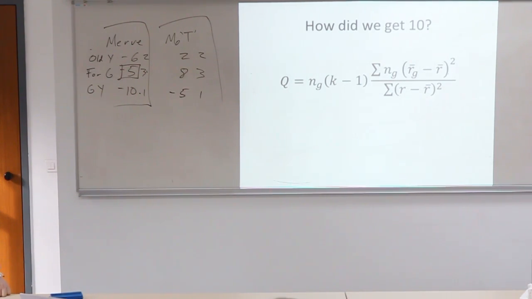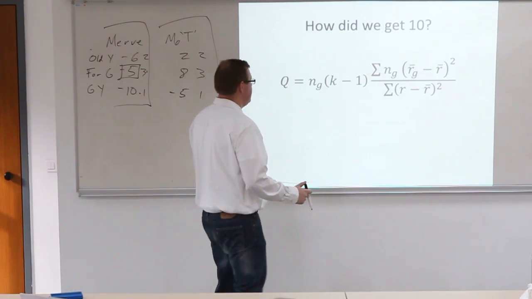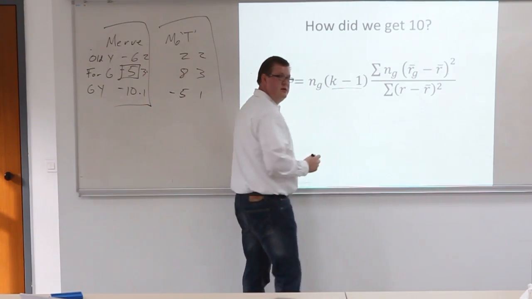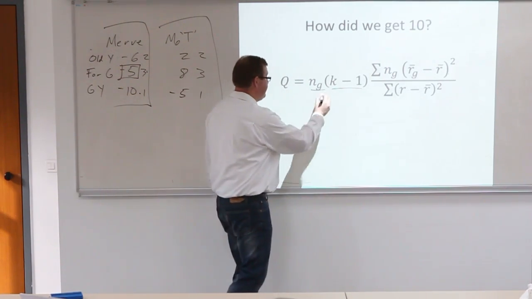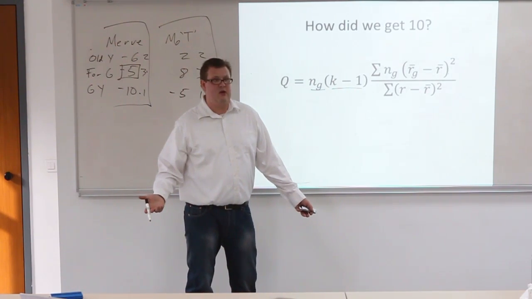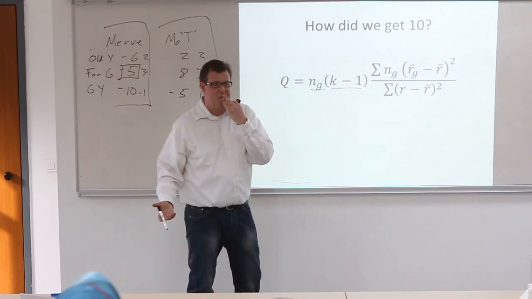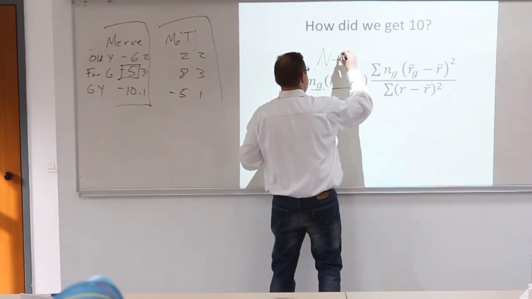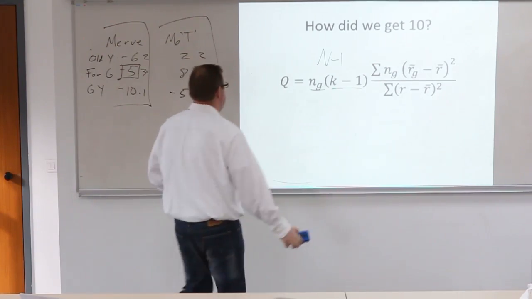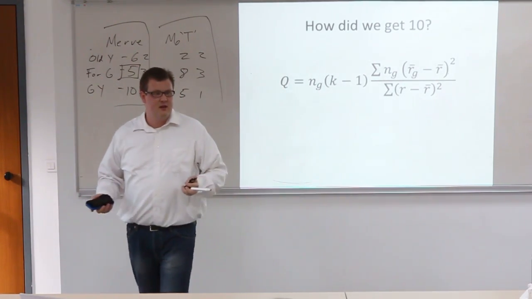We use K. So this is different, but everything else is the same. What did we have before? N minus 1. Where here we don't have n minus 1, we have ng. What do you think ng is?